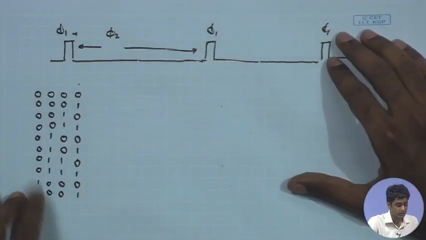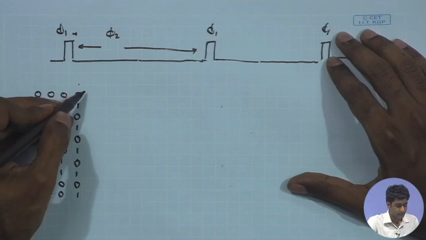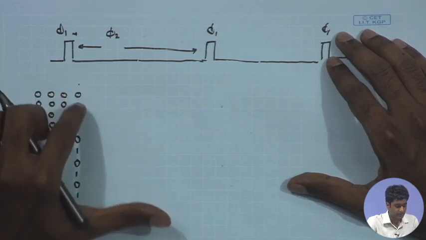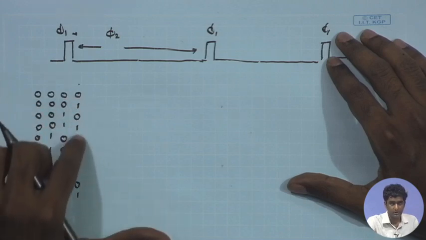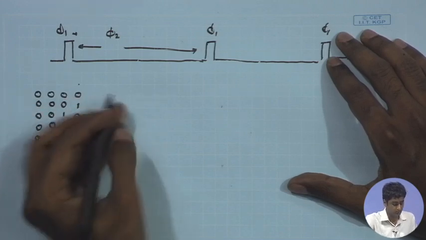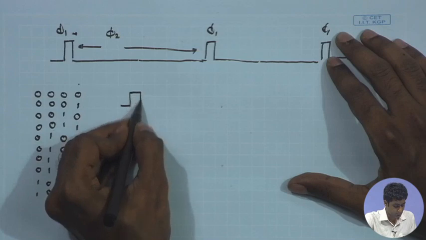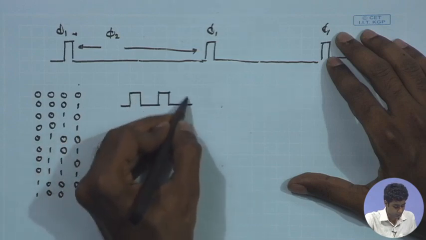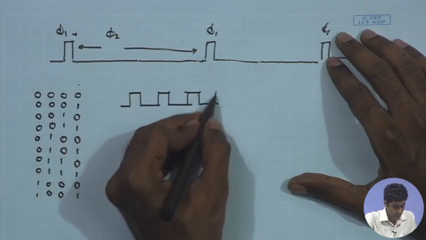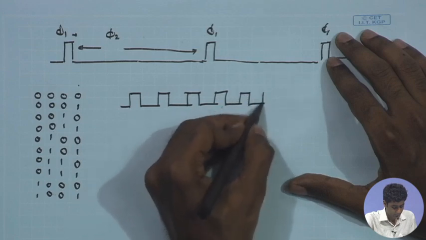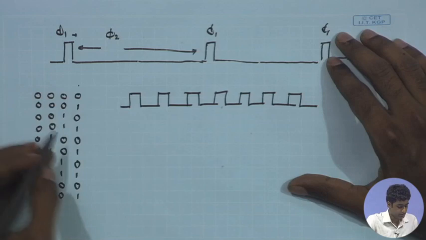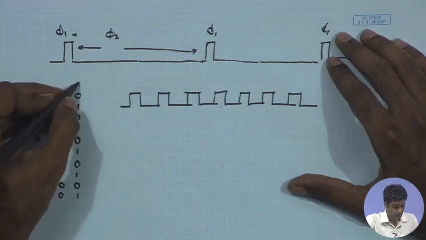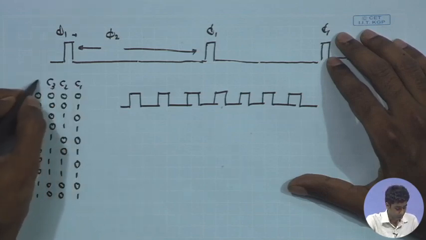So, if I look at the operation that each of these outputs are doing with respect to the applied clock, we say that these transitions of the LSB are happening at every clock edge or every rising edge of the clock. So, if you have the input clock, I can call the outputs C1, C2, C3, C4.